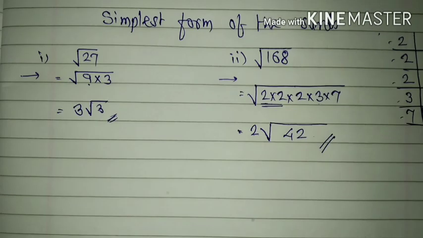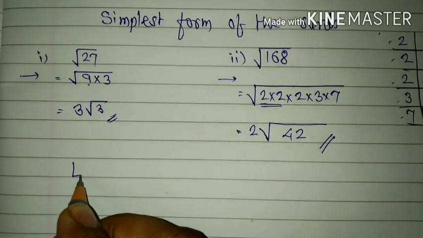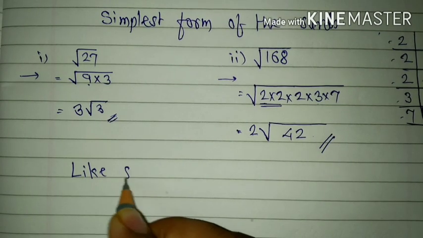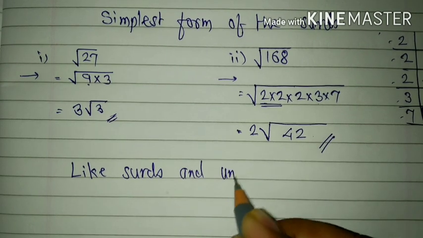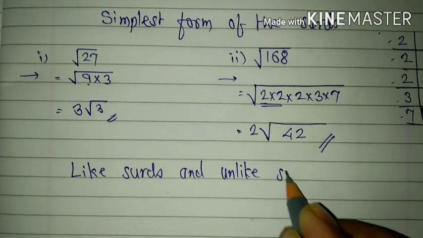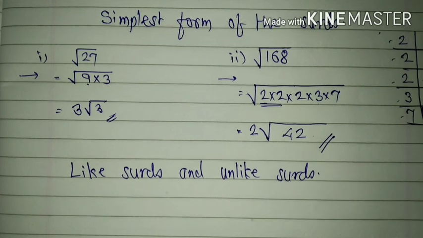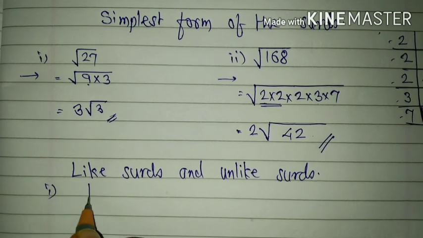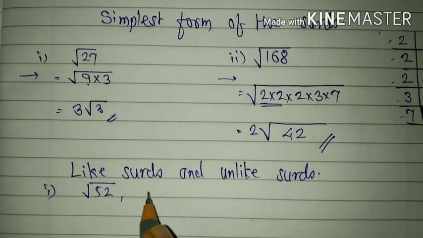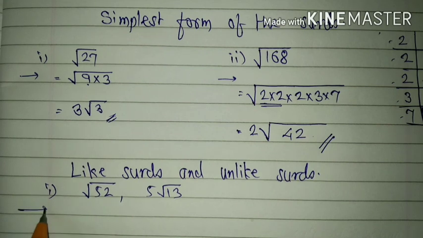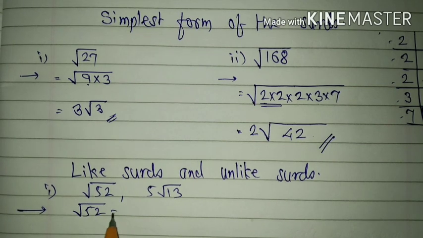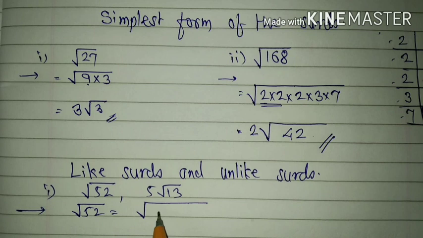Okay. Now let us see the next topic, that is like surds and unlike surds. I am taking one example, root 52 and 5 root 13. Now see here, root 52 can be written as under root of 4 into 13.